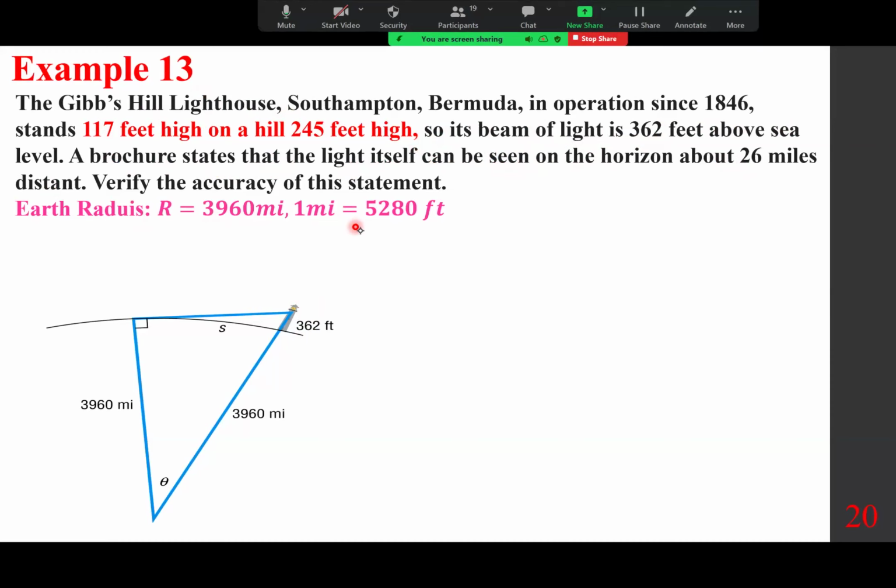So let's see what we do. The idea is to find the distance S, which is equal to r theta. We have the r. We need to find the theta.